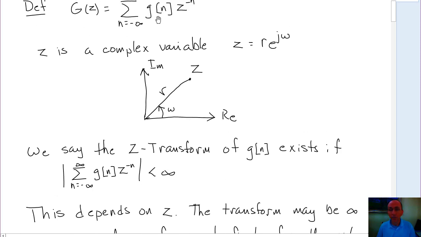Now, since this is an infinite sum, sometimes that infinite sum will be a finite value, and sometimes it will go to infinity. If the summation goes to infinity, it doesn't give us any valuable information, so we're only interested in it if it doesn't go to infinity.